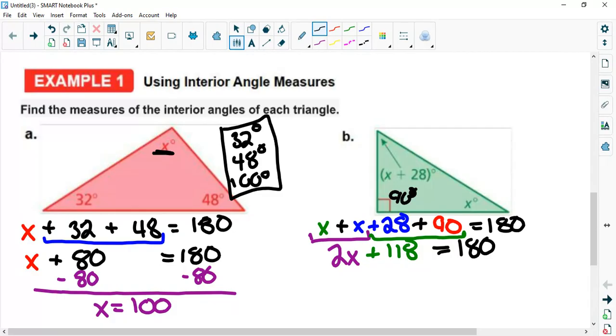I have two steps left. I need to subtract the 118 from each side. I get 2x equals 62.